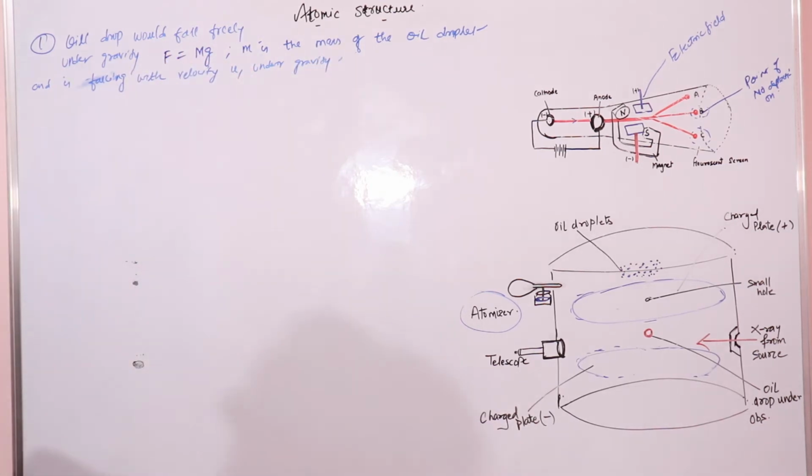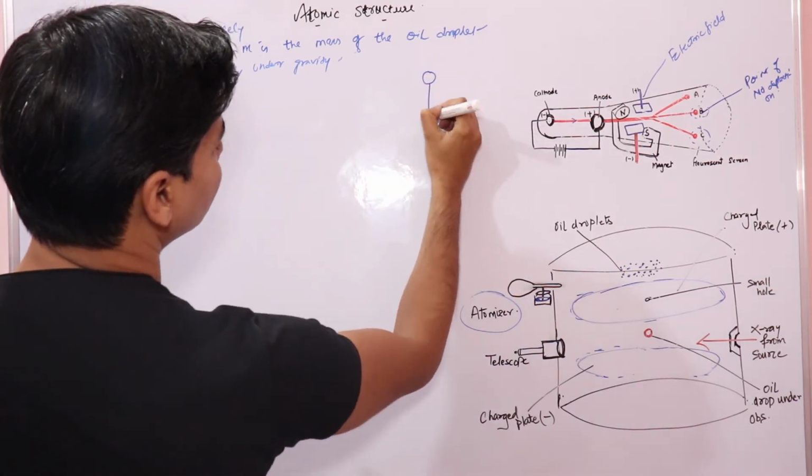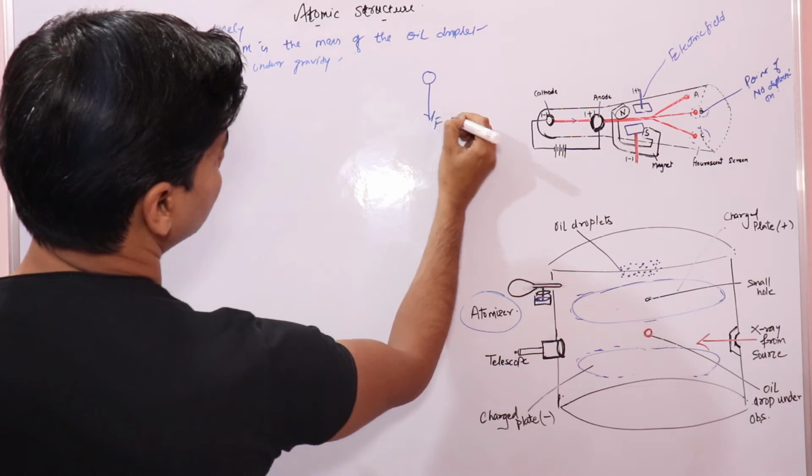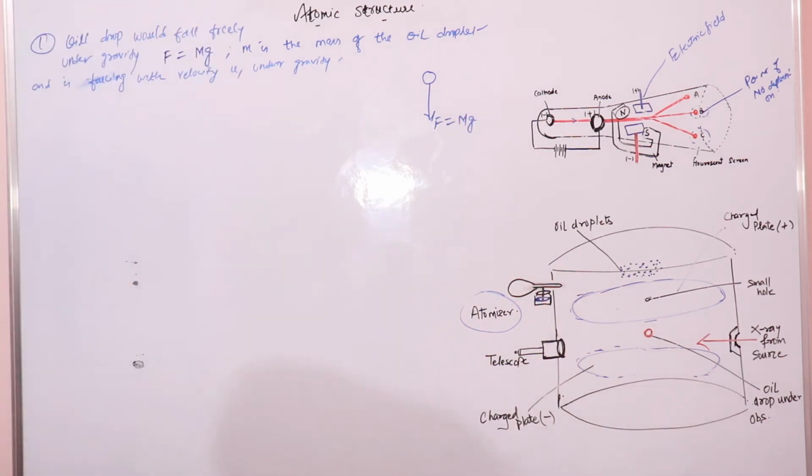So suppose this is your oil droplet, it's falling under gravity and is acted on by a force mg. This is the force that is being exerted on this oil droplet when it is falling freely under gravity.